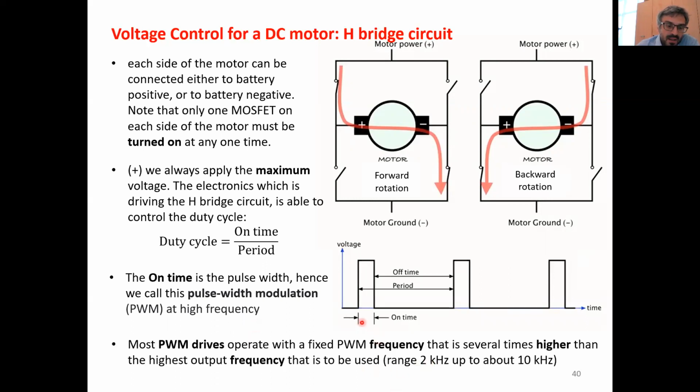And as I said, the PWM frequency is several orders of magnitude higher than the highest frequency we want to drive the motor at. The range is from 2 kilohertz to 10 kilohertz.